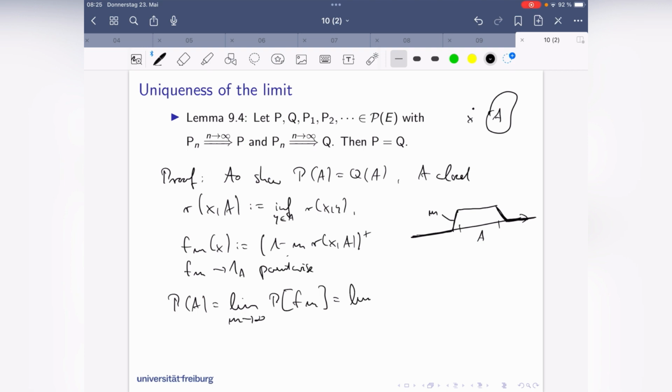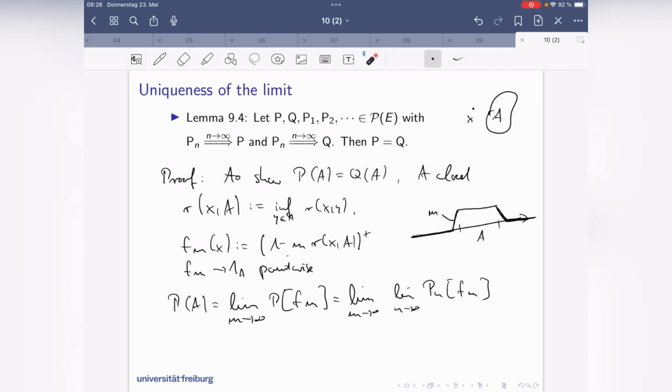P of fm, so this integral here I can approximate by Pn of fm, because Pn converges to P weakly. So you have this limit, n goes to infinity, of Pn of fm.